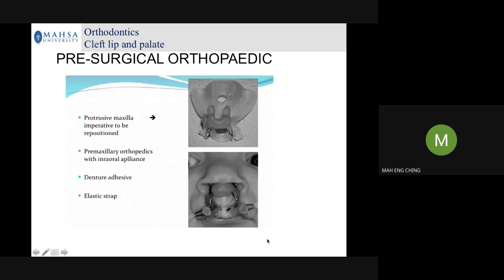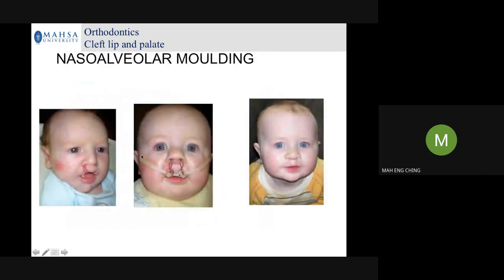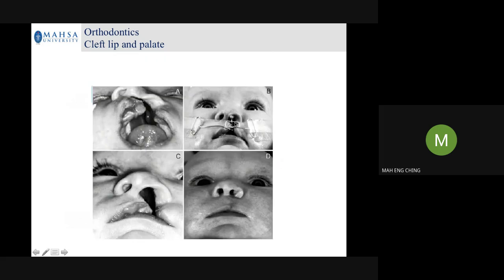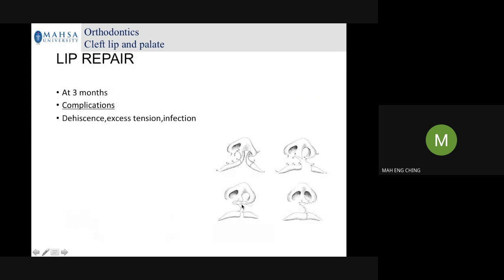We have this elastic strap attached to this appliance. Same thing, we have the plaster to bring this back a little bit, so the surgeon can repair the lips better and more easily. Same thing, different design, but similar components. You have the strap on the left and right side. After that, the surgeon can repair it.